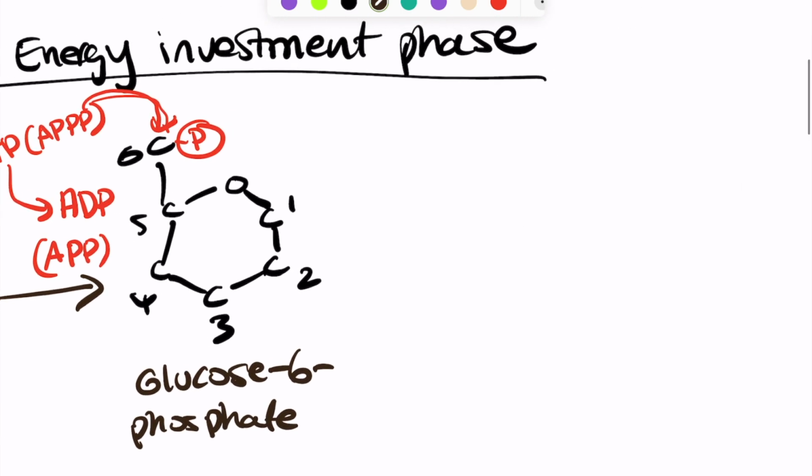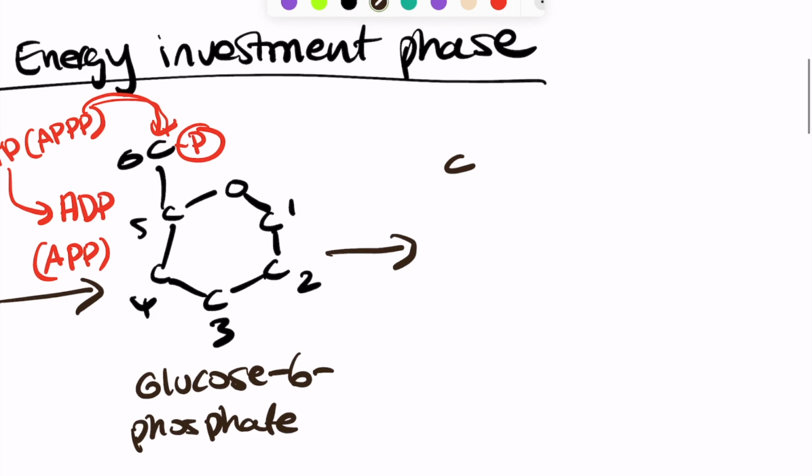Okay. All right, so the next step here is we're going to now rearrange this glucose molecule into fructose. So that's the third step. So we're going to keep this phosphate right here, but we're going to just rearrange this whole ring of carbons. So how I like to remember is fructose is like a hexagon.